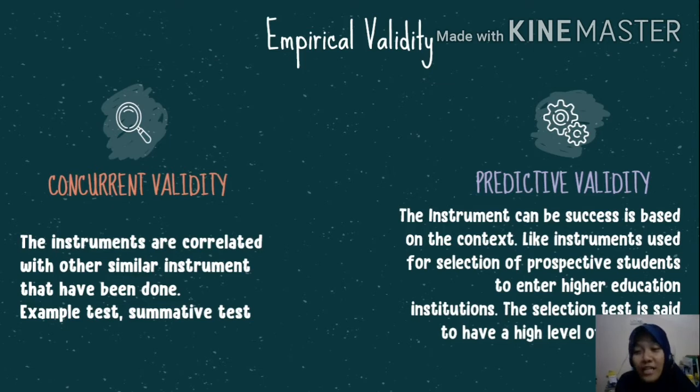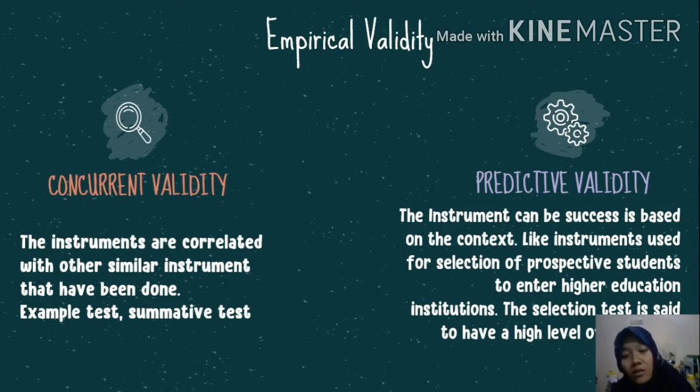And for predictive validity, the instrument can be successful based on the context. For example, an instrument used for selection of prospective students to enter a higher education institution. The selection test is said to have a high level of predictive validity.